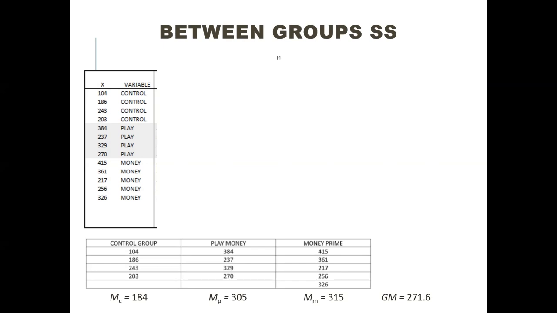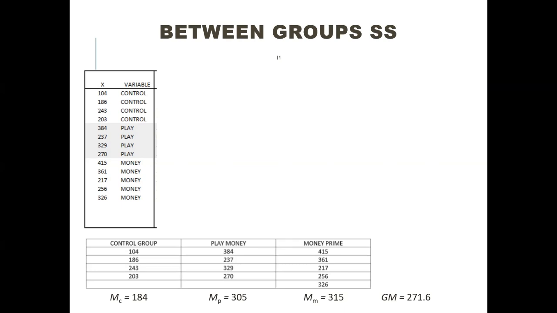So now let's start the process of computing our sums of squares between. Let's make sure that we always stay organized when doing this. First, lay out all of your data like this in one long column. This will help you keep organized. Also, in addition to having the number for each X, keep a list of what group each of these variables is in.